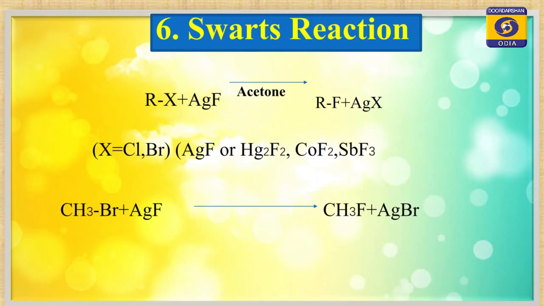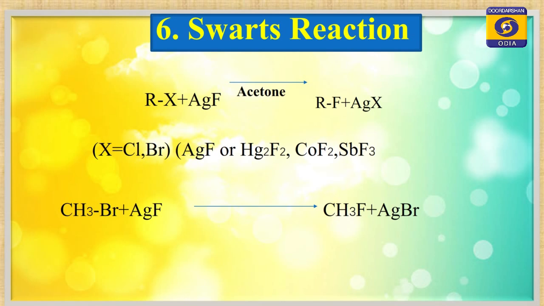Next one is the Swarts reaction. This is also important because we are going to prepare fluoroalkane. As you know, getting fluoroalkane from alkane is very difficult because the reactivity of fluorine is very high and the reaction is extremely exothermic. Therefore, you can prepare it by an alternative method, from alkyl halide, chloroalkane or bromoalkane, you can get fluoroalkane.